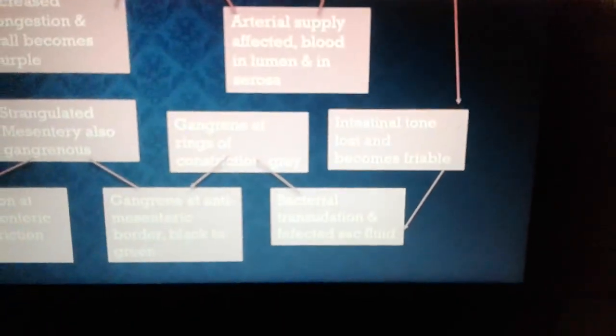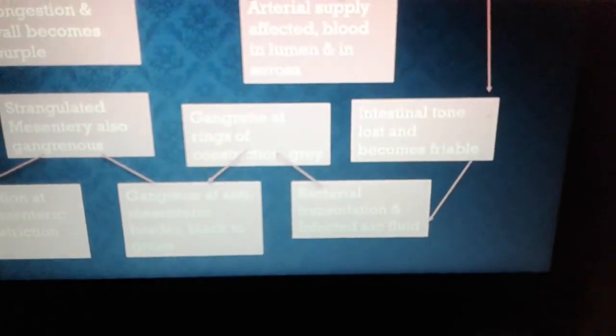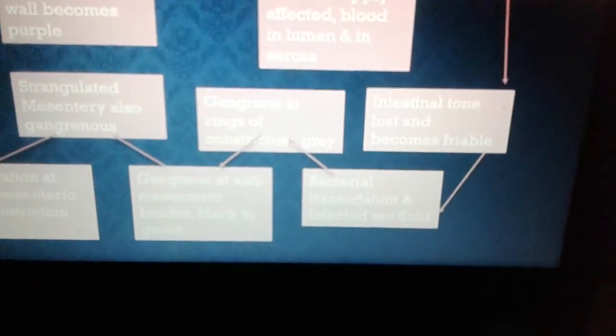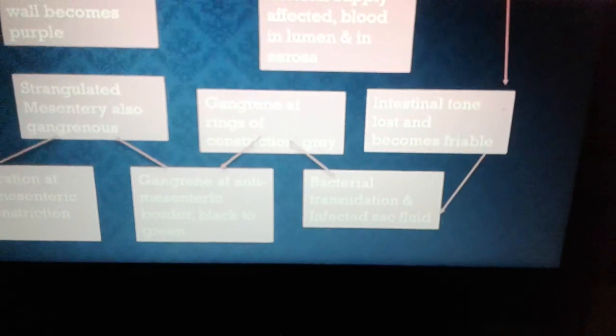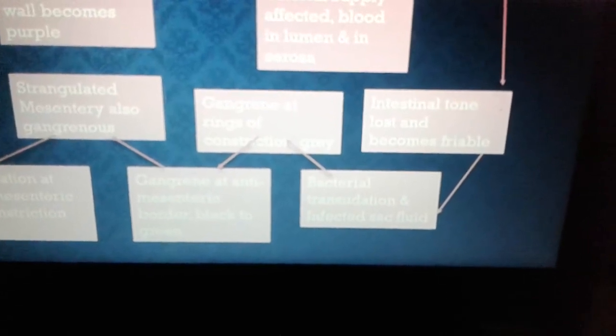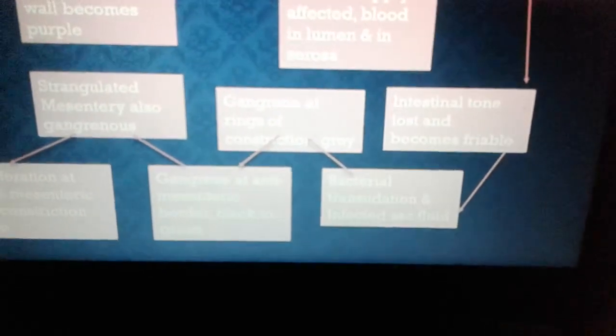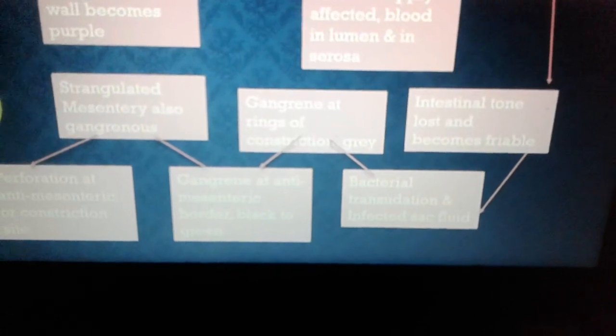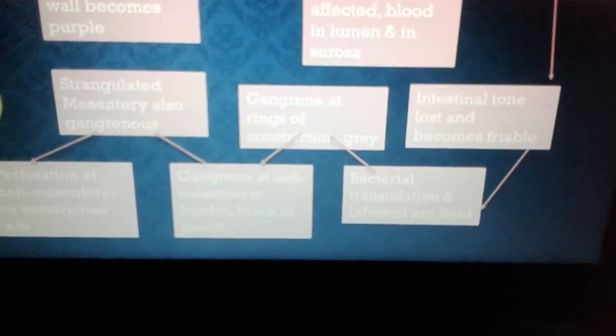Gangrene involves the antimesenteric border and the color may vary from black to green. Then the associated mesentery that is involved in strangulation also becomes gangrenous. Finally, if still not relieved, it will lead to perforation, at the antimesenteric border or at the constriction site. Finally, this is the end result.